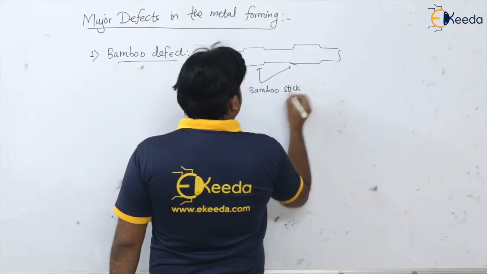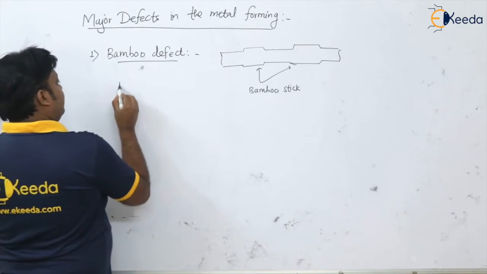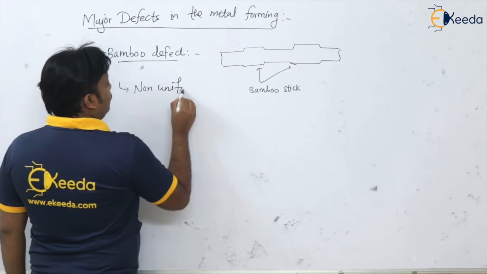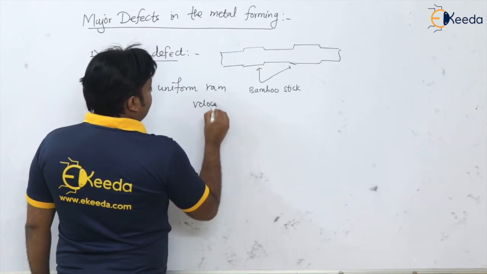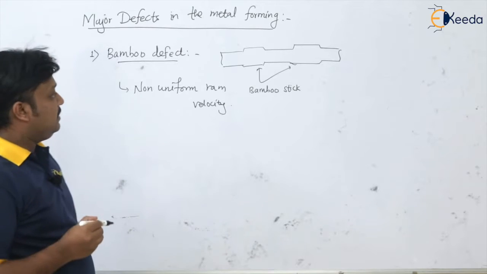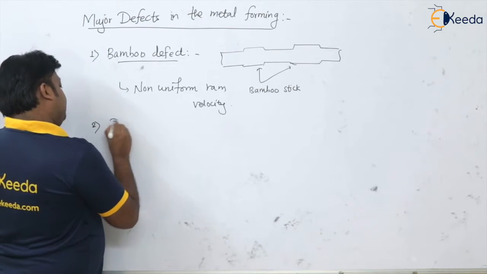So this defect is called the bamboo defect. Because of the non-uniform ram velocity, this defect is going to occur in the extrusion process. Please remember this.